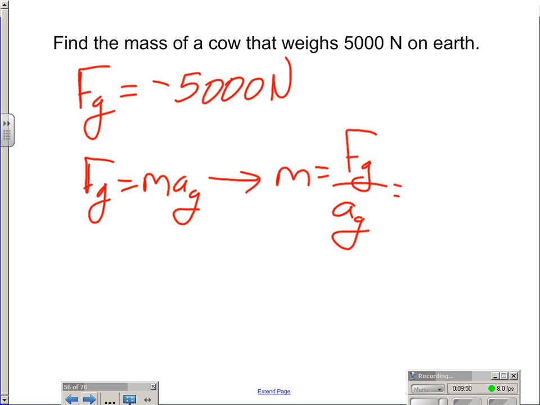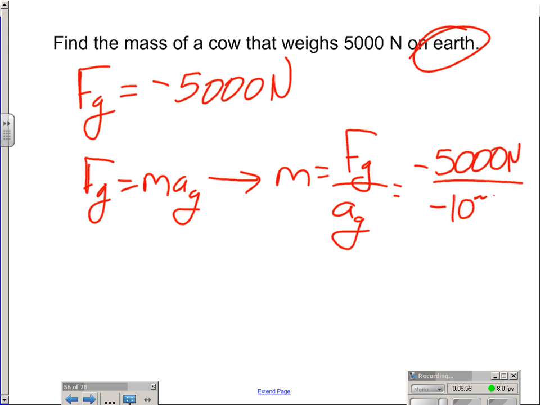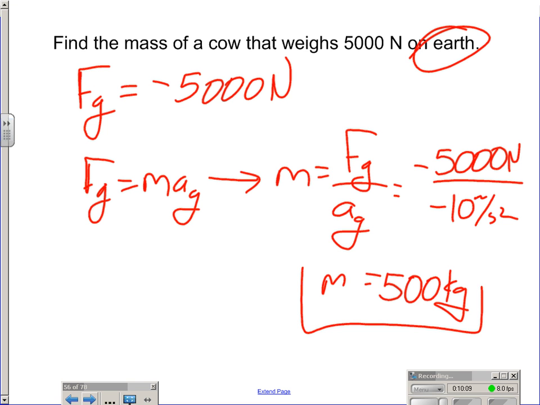The force of gravity on our cow, the weight of the cow, is negative 5,000 newtons. The acceleration of gravity on Earth is negative 10 meters per second squared. So we've got a cow that has a mass of 500 kilograms. There's the mass of your cow. Please notice you cannot have a negative mass ever, ever, ever.